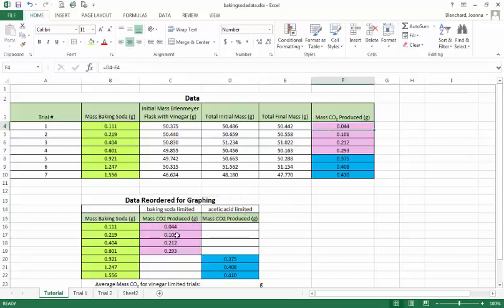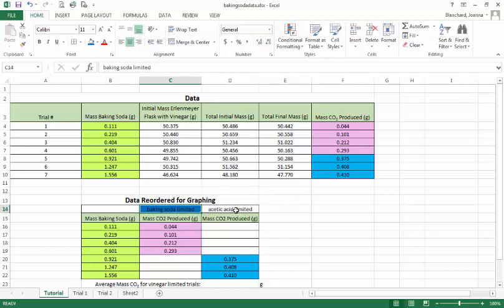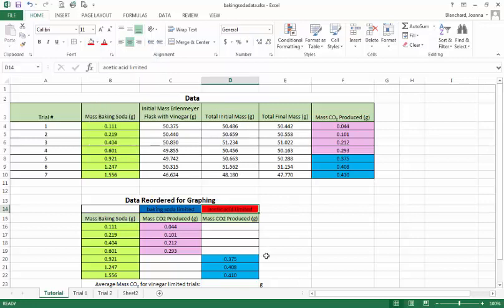It's the same thing, and this is the data that is baking soda limited. So I will highlight that a blue color. And my next data series is where my acetic acid was limiting how much carbon dioxide I could produce. So I'll highlight that in red just so you can see the difference.